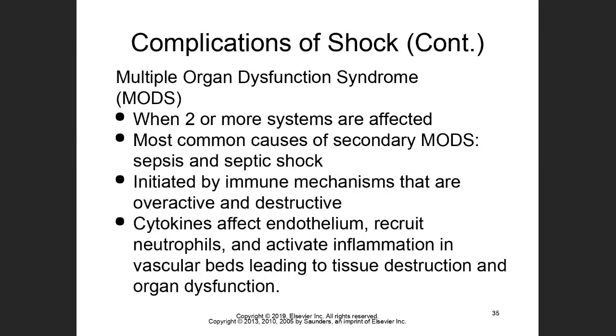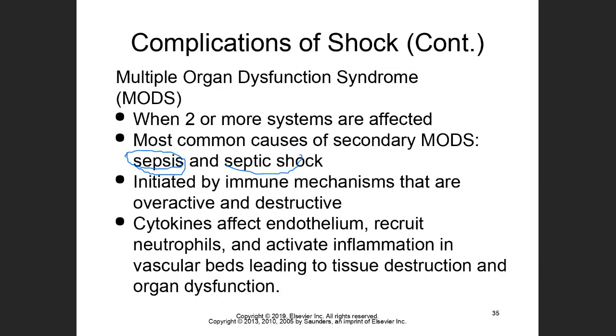Also, we have multi-organ dysfunction syndrome when 2 or more systems are affected. The most common cause secondary to MODS is sepsis and septic shock. The difference between sepsis and septic shock is the hypotension. In sepsis, you have disseminated infection in your body, but the patient is normotensive.